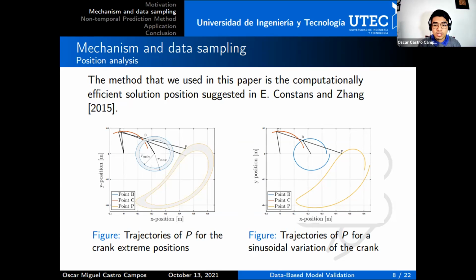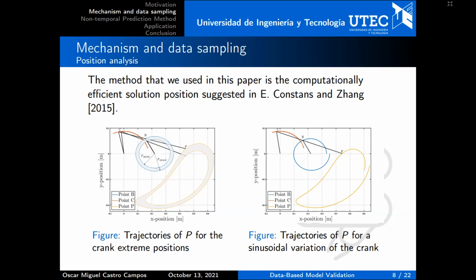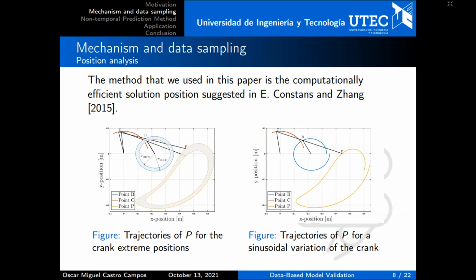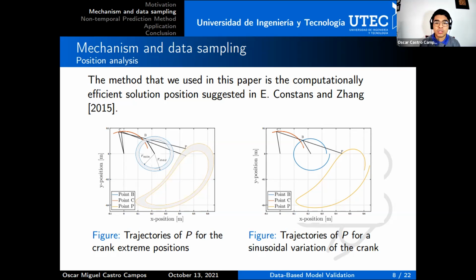In this image, in the first one, we can see the trajectory of P for the crank extreme position. In the second one, we can see the trajectory of P for a sinusoidal variation of the crank. We will use the second variation to simulate and validate our method.